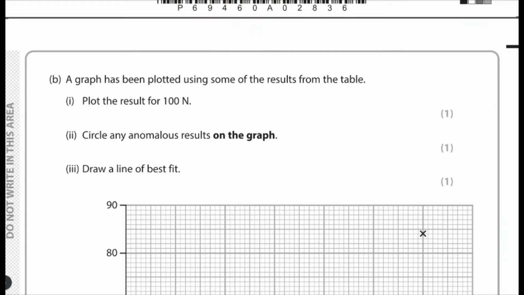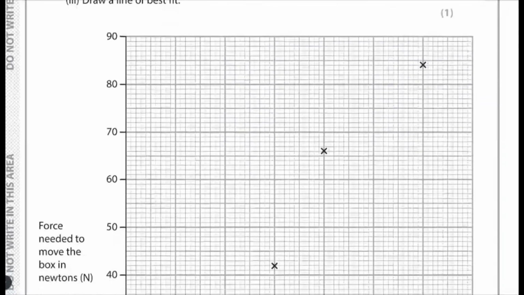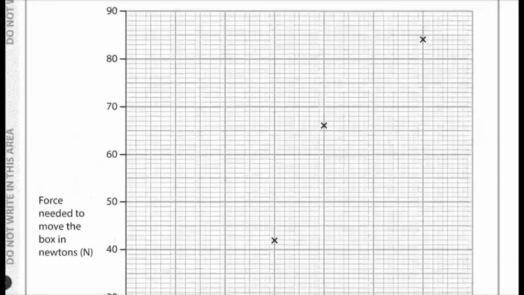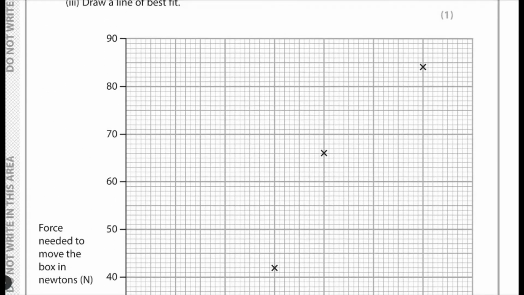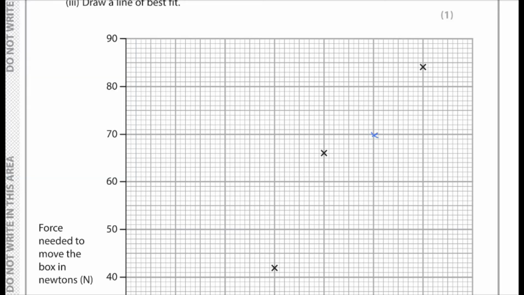Next one: plot the results. For 400 newtons, it is 70, so we can mark that over here. Circle any anomalous results on the graph. Draw a line of best fit.